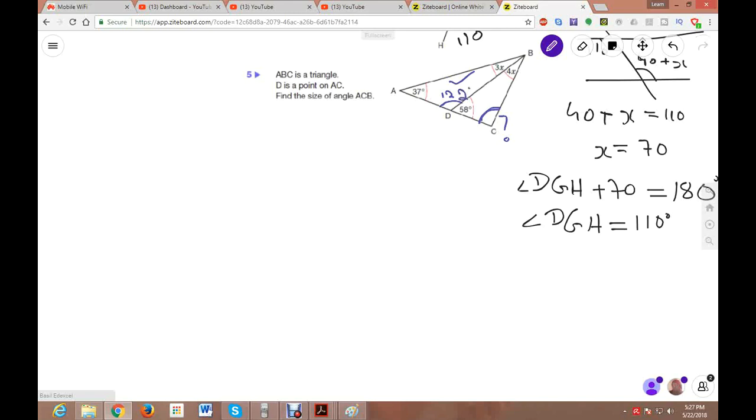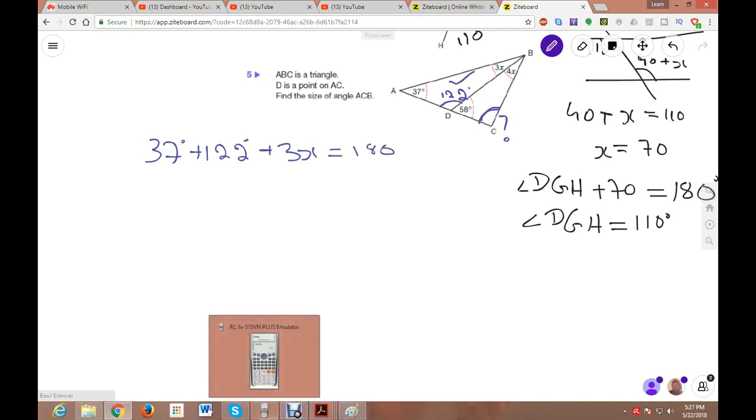In this way you can get the value of your x. 122 plus 7x equals 159. 180 minus 200. So x is equal to 7.